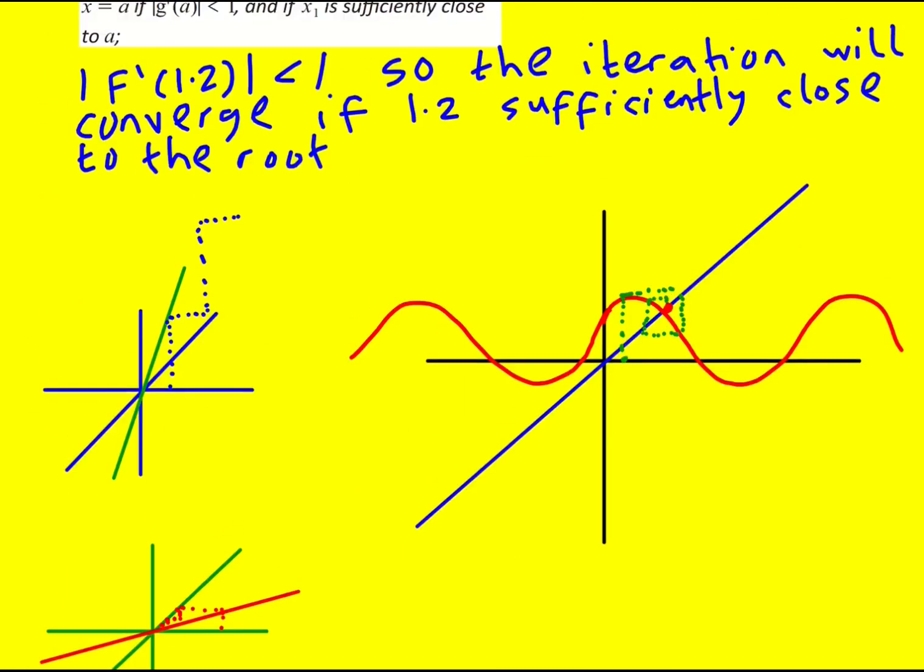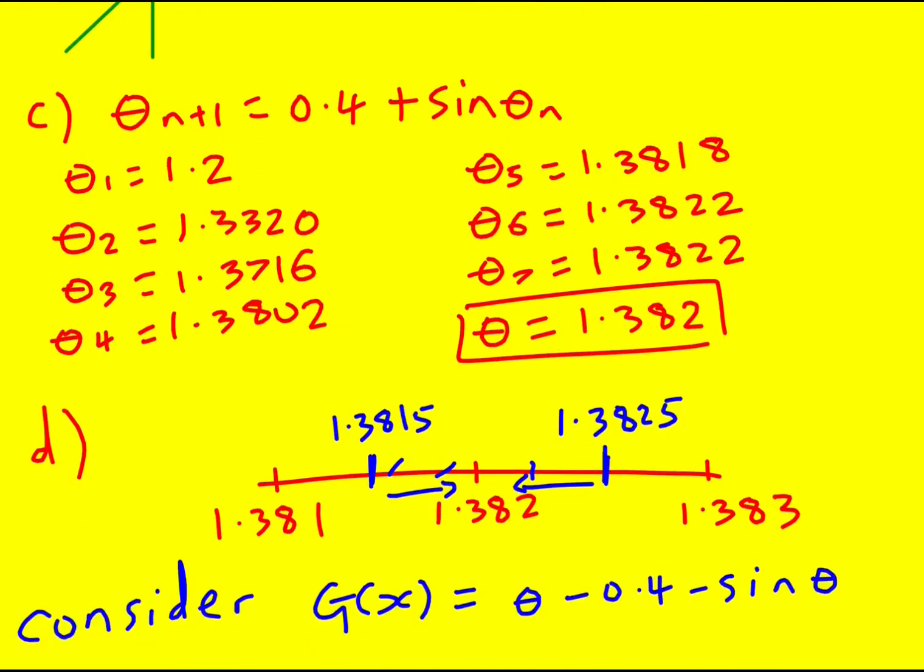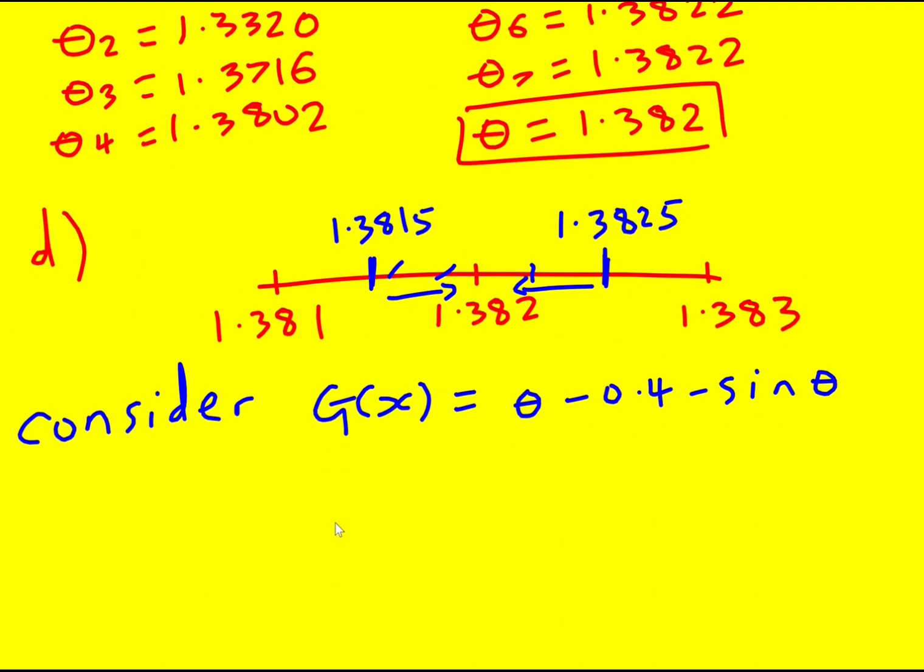So I've rearranged this equation by minusing 0.4, minusing sine theta, so I've got the left-hand side equal to zero, because that's what I'm expecting for my root. So now I'm going to substitute in these values, 1.3815, and see what I get.